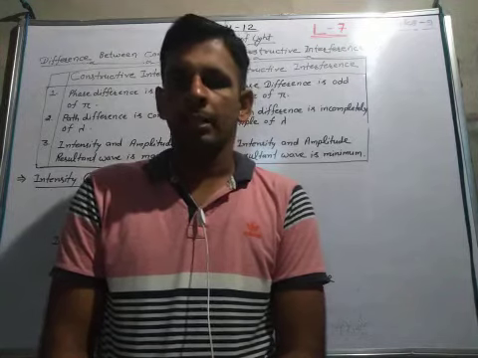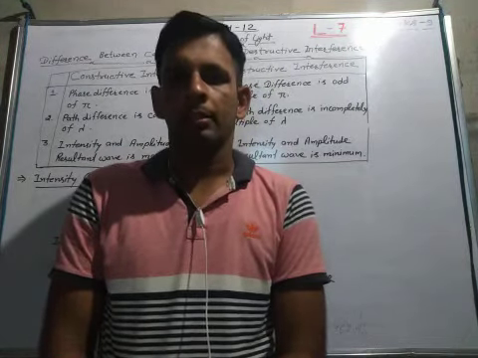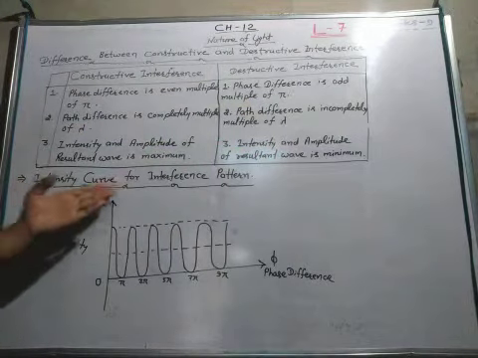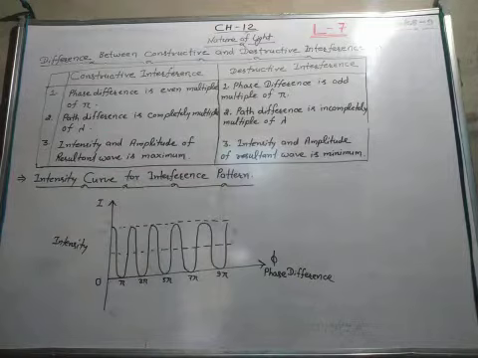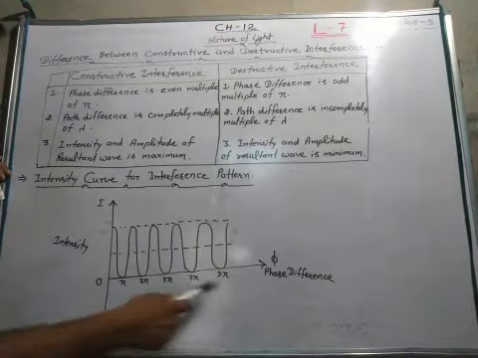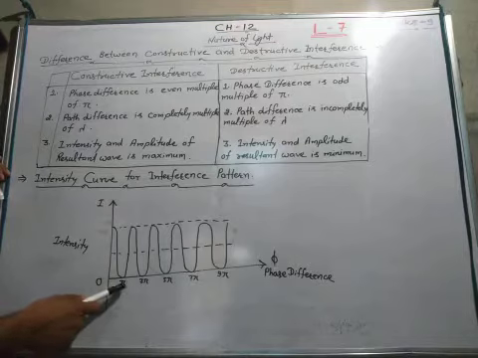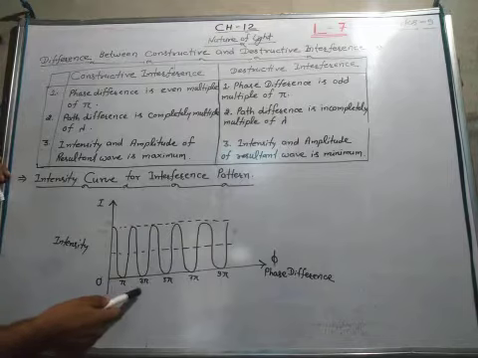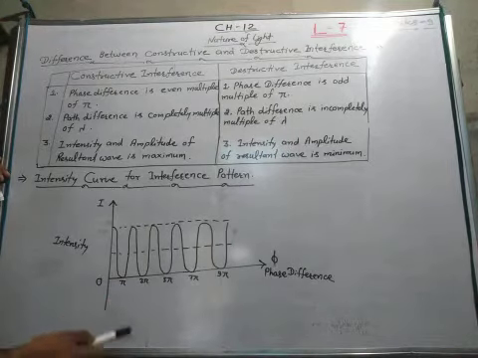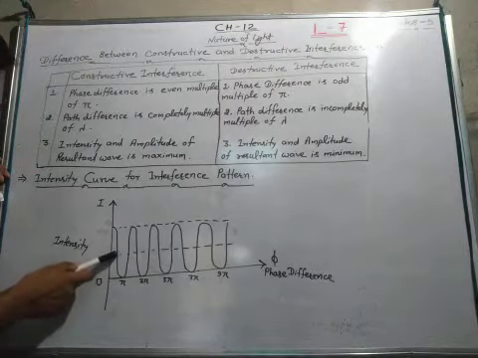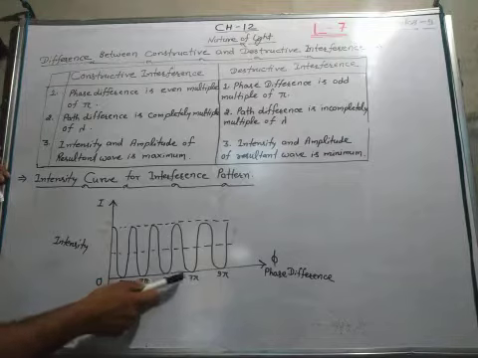These are the main differences between constructive and destructive interference that are shown on screen, and this is the intensity curve for the interference pattern. In this curve, we take intensity on one side and phase difference on the other side. Here I show the odd multiples of pi, meaning destructive interference, and in destructive interference intensity will be minimum.